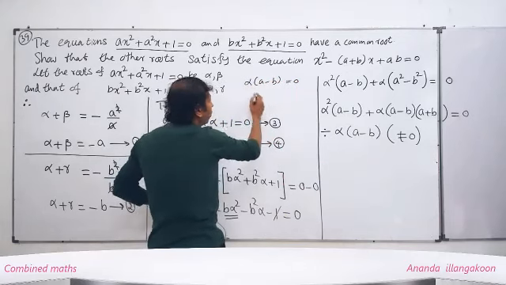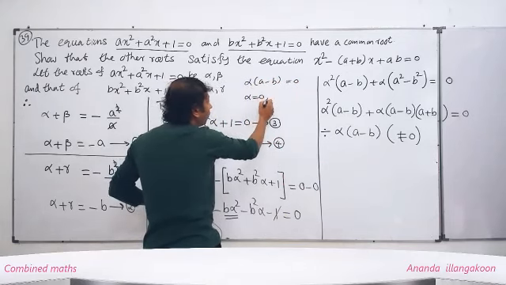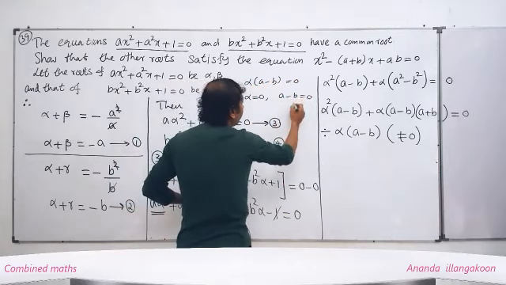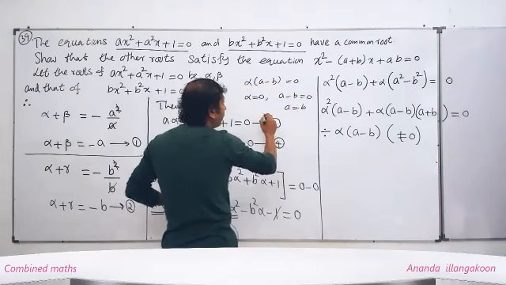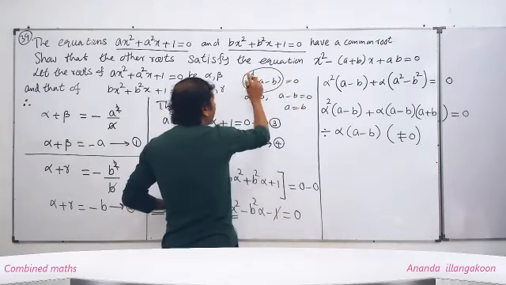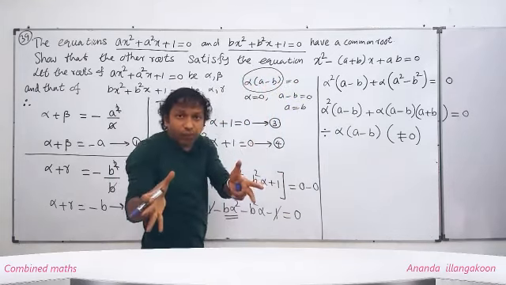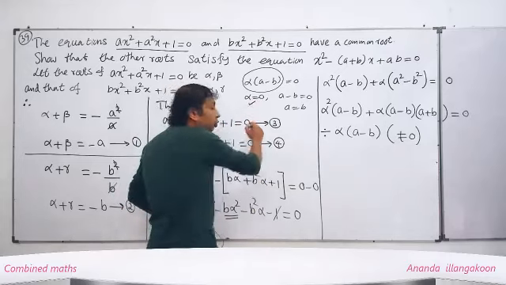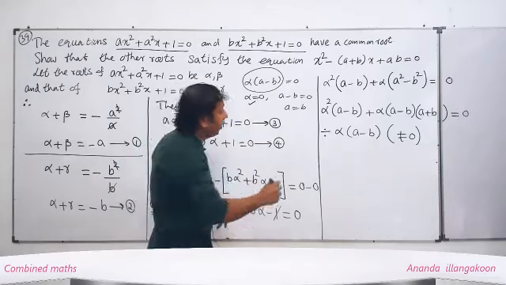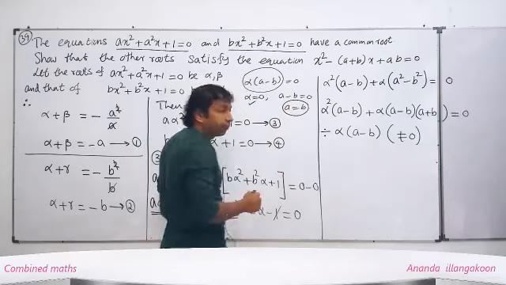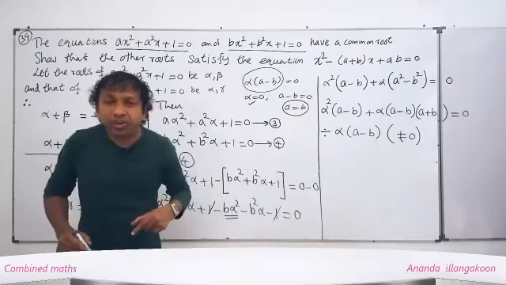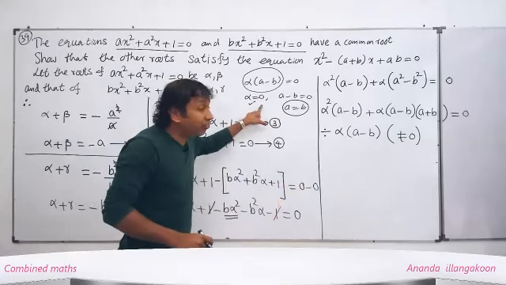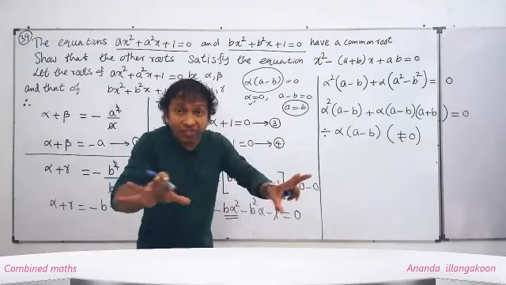This product equals 0 means either alpha is 0 or A minus B is 0, and A minus B equals 0 means A equals B. In order for that to occur, either alpha should be equal to 0 or A should be equal to B. But I am going to tell you, both of these never occur: alpha 0 and A equals B never occur.